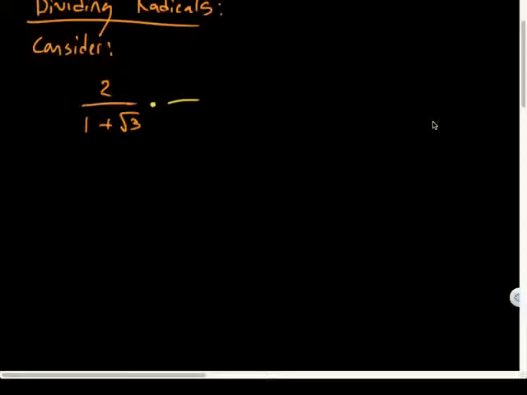So, what's your idea? What could I multiply by top and bottom? 9? Well, that would just give me 9 plus 9 square roots of 3. What are your thoughts? 3 over 3, and then get square root of 9.